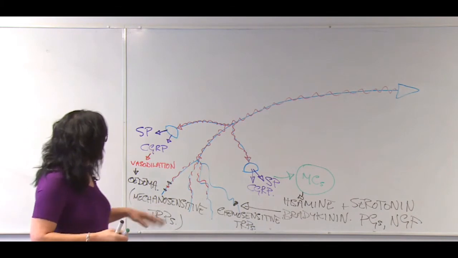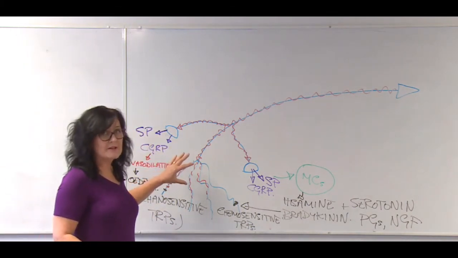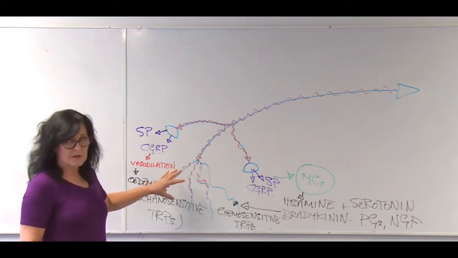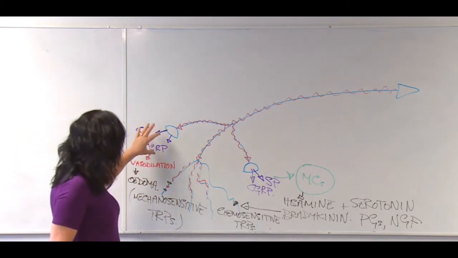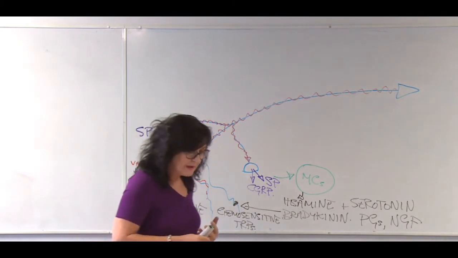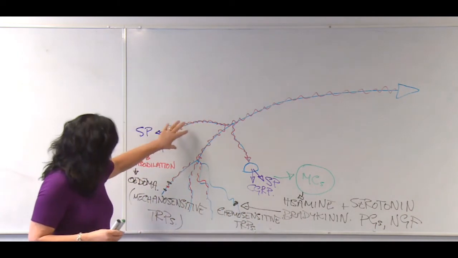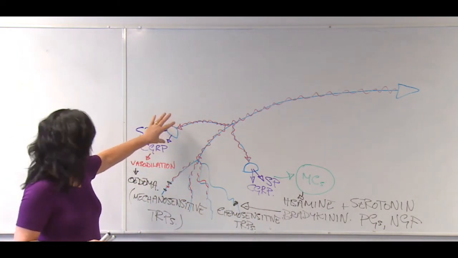So what we can see here is, of course, you stimulate the nociceptors on C fibers, and what you get is substance P and calcitonin gene-related peptide, the neurokinins, secreted from these specialist axon terminals.